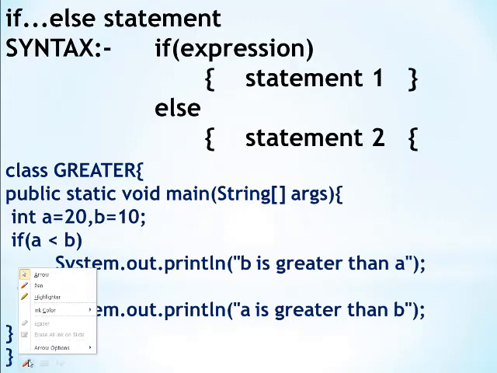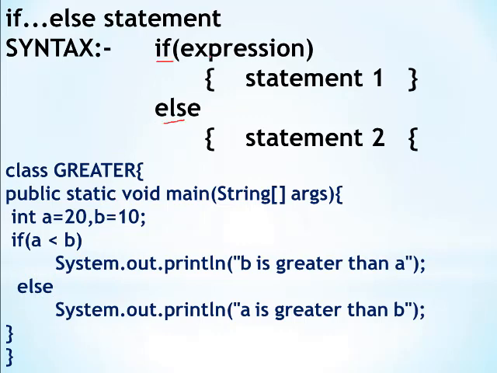Now next is the if-else statement. If you are using if with the else part, again this expression will be an expression having a relational operator: greater than, less than, greater than or equal to, less than or equal to, double equal to and not equal to. Any such conditional expression will be used here, which will evaluate to either true or false.